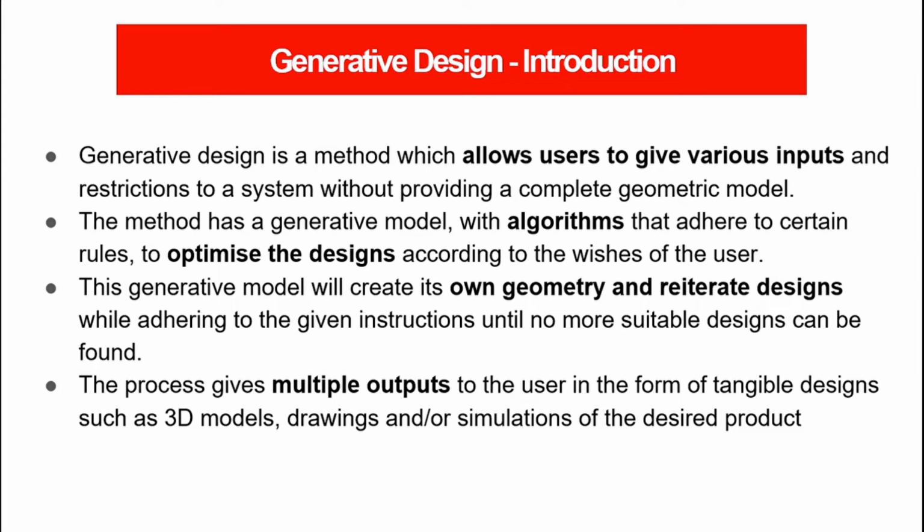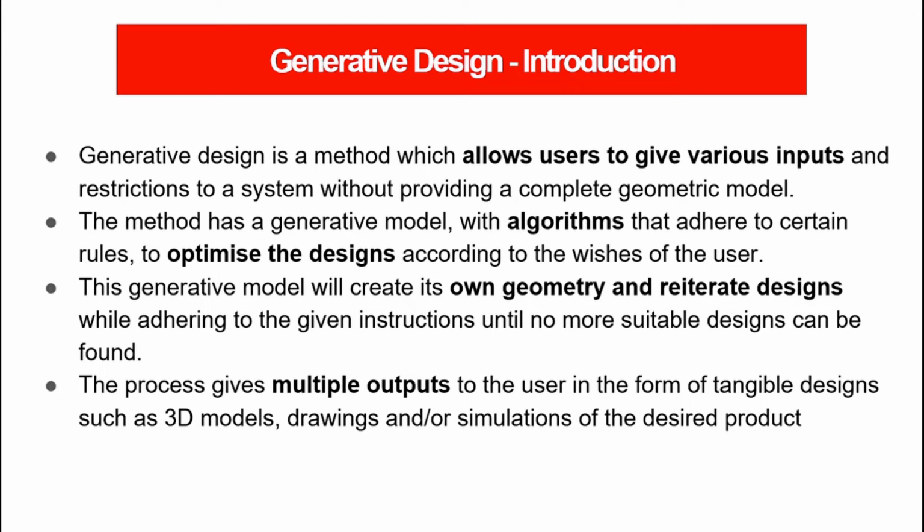There are certain technologies, certain upcoming design features, like topology optimization. The key difference between topology optimization and generative design, though there are a lot of similarities, is that a topologically optimized model is only constrained from the structural point of view. So topology optimization works only from the strength point of view. But in generative design there are additional features: there will be cost factors and manufacturing aspects too.